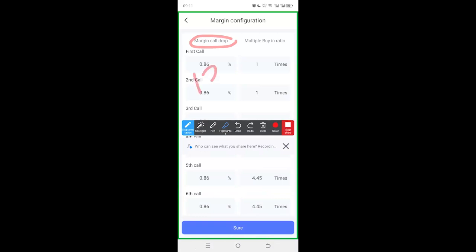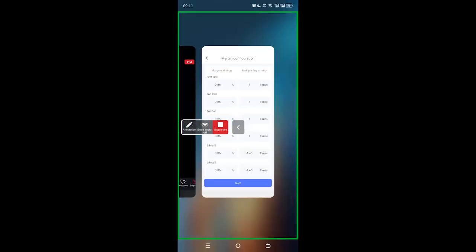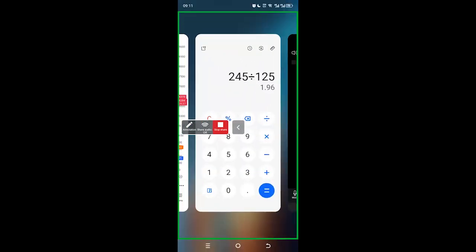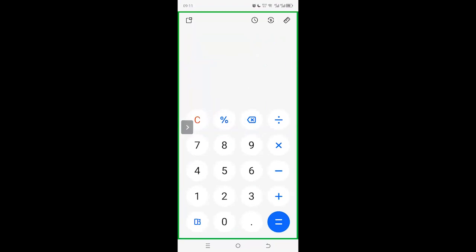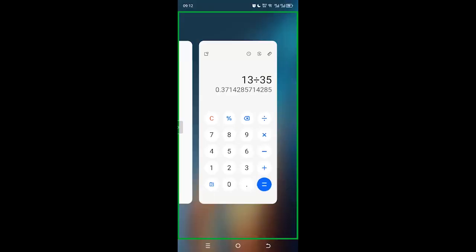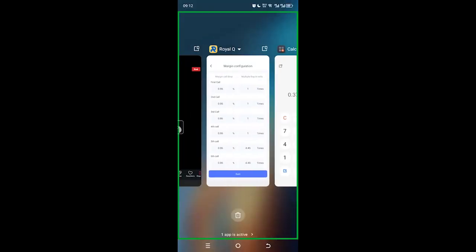We say the drop is 13. Divide it by 35. I come to my calculator, get my answer. 13 divided by 35. You see, 0.37.